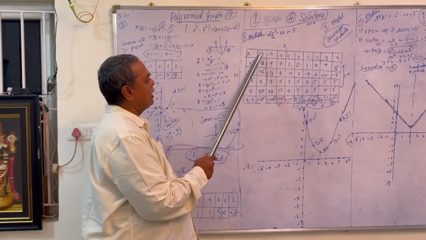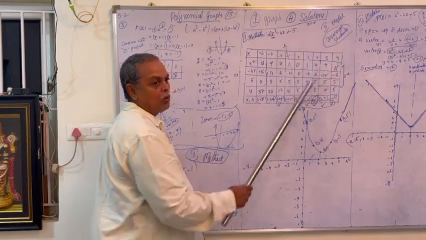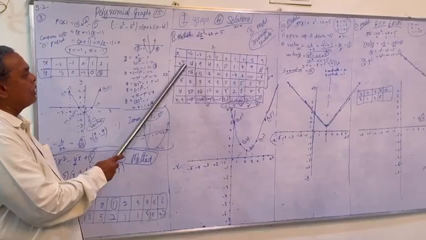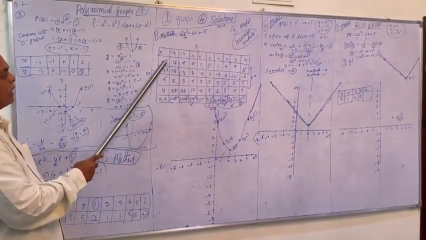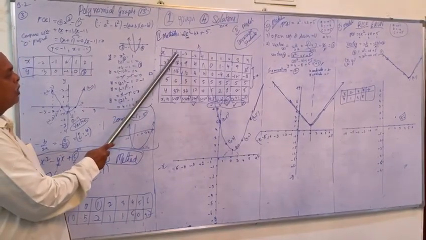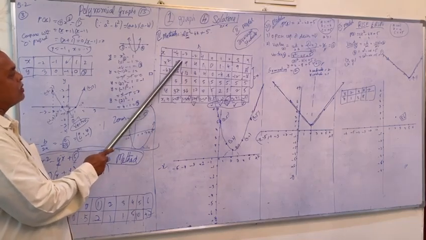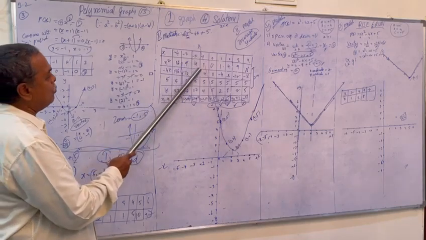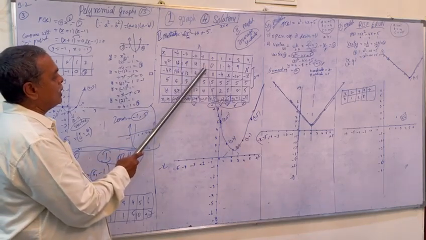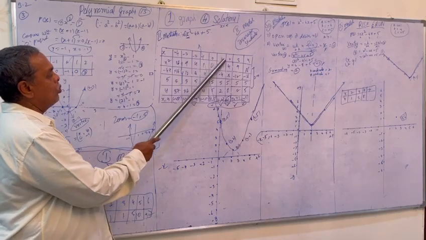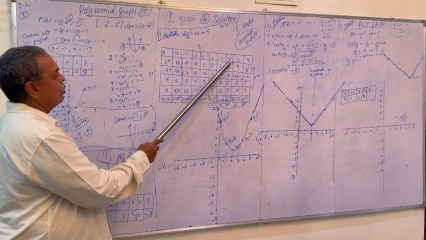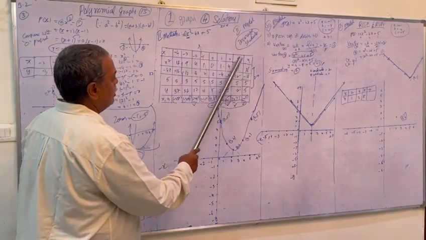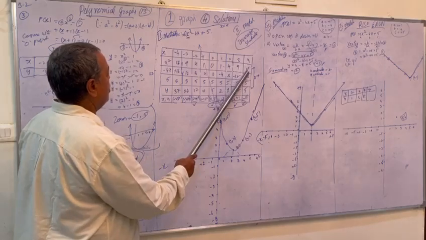The x square values: minus 4 into minus 4 is 16, minus 3 into 3 is 9, minus 2 into 2 is 4, minus 1 into 1 is 1, 0 into 0, 1 into 1, 2 into 2 is 4, 3 threes are 9, 4 fours are 16.